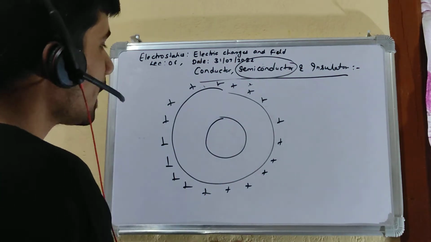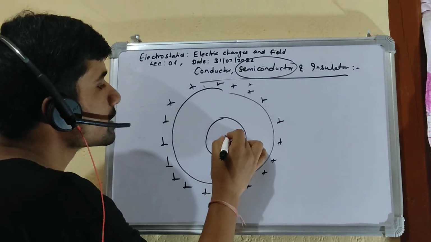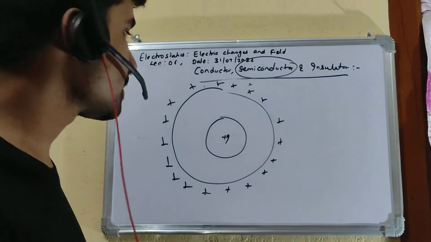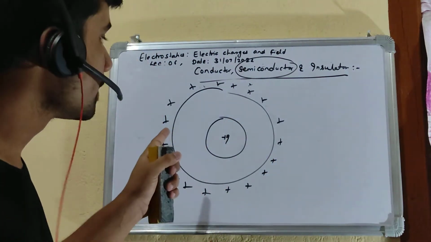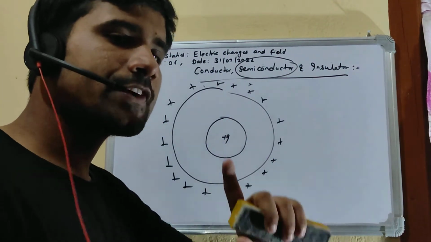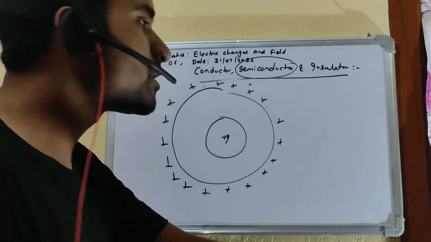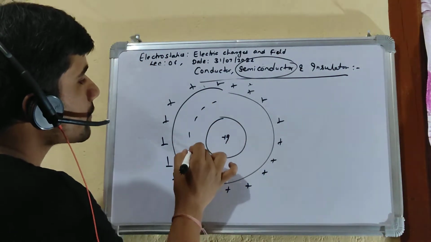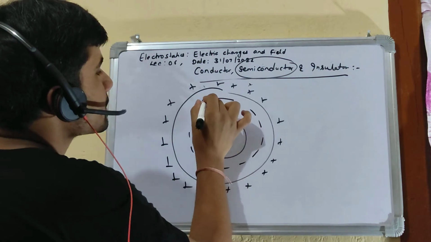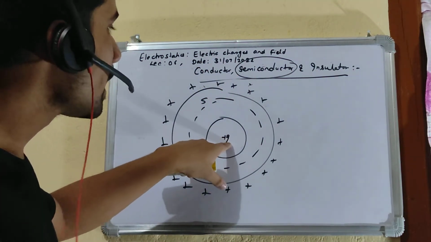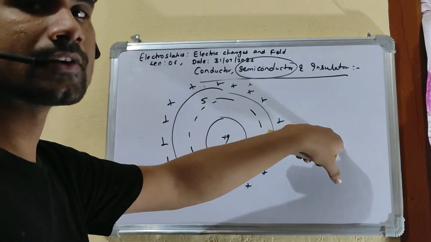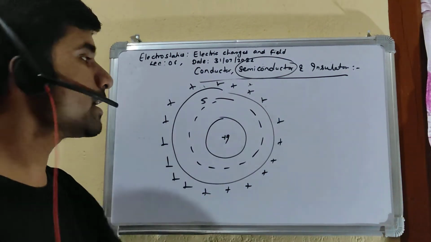But let's say I am giving a charge plus Q to this cavity. Now what happens? I know the electric field inside a conductor should always be 0, and if I take a Gaussian surface, let's say this is the Gaussian surface S, this Gaussian surface has a charge plus Q, and hence there is an electric field, which violates what we just concluded.